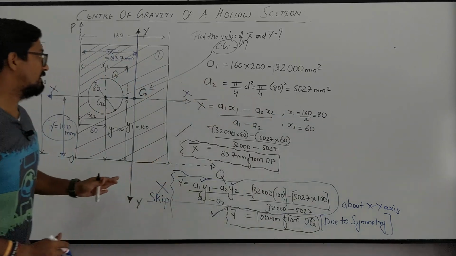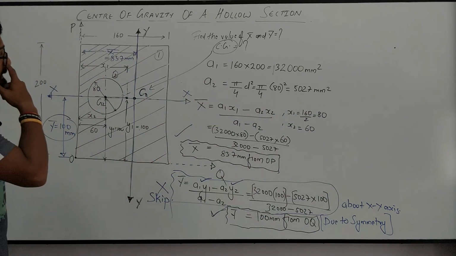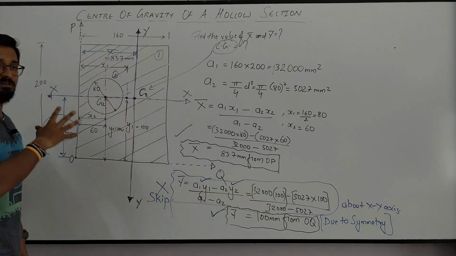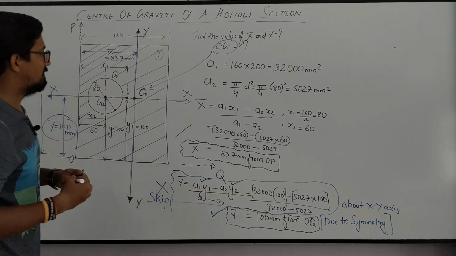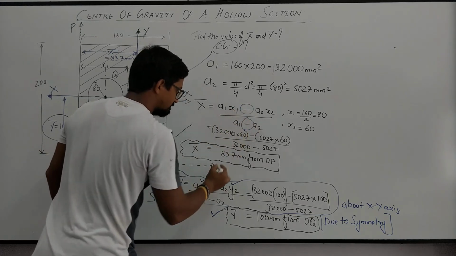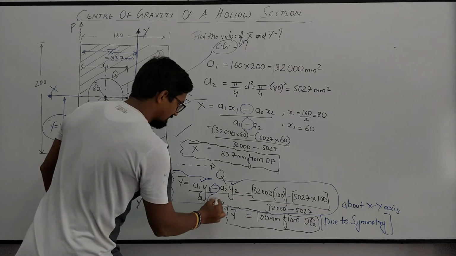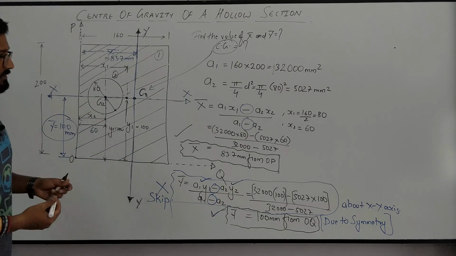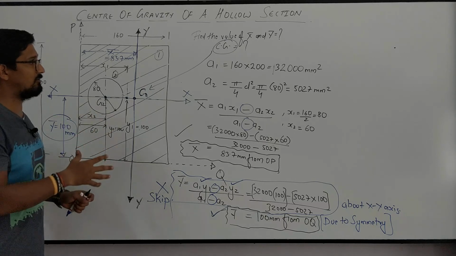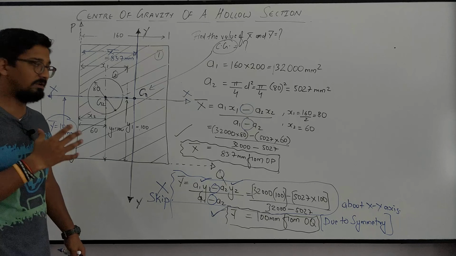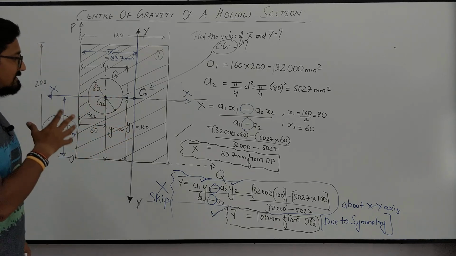So in this way we can find the center of gravity or centroid of a hollow section. The important thing to note was the negative signs which we have used here. Everything else was the same as the last problem. So I hope your concept of finding the center of gravity or centroid for a hollow section is clear now.